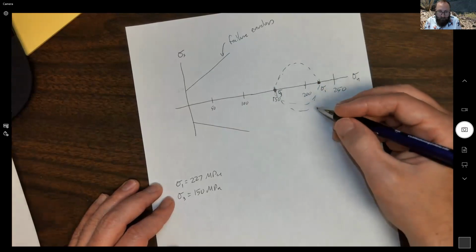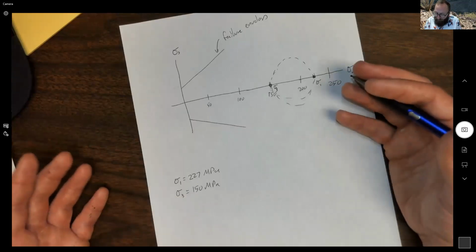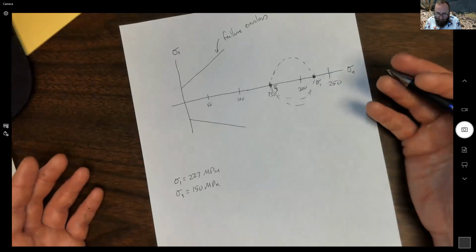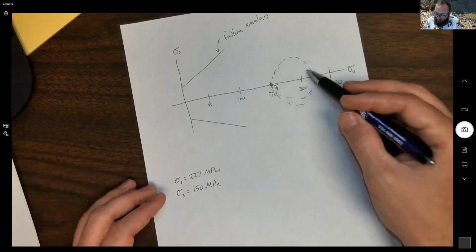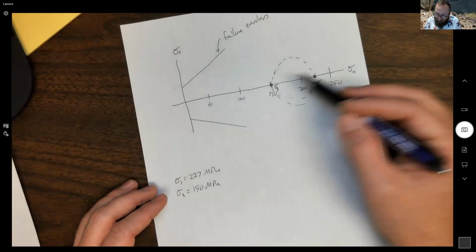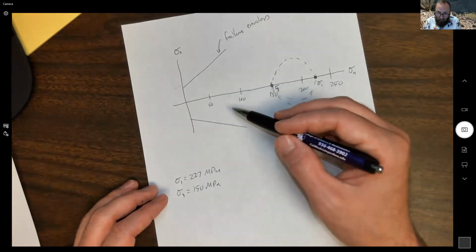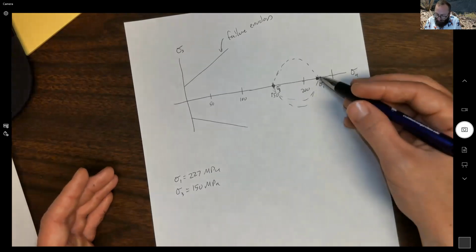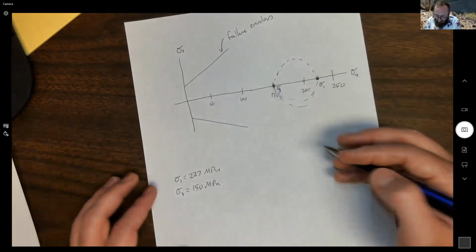Now, this does something to our Mohr circle when we account for pore fluid pressure. It doesn't actually change the size of the Mohr circle, but it shifts the Mohr circle closer towards failure, because the differential stress never changed. We just took away the pore fluid pressure from sigma 1 and sigma 3.